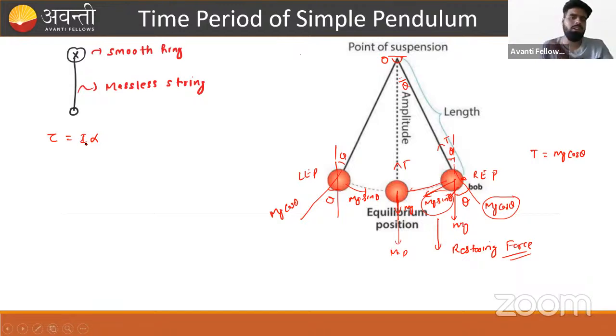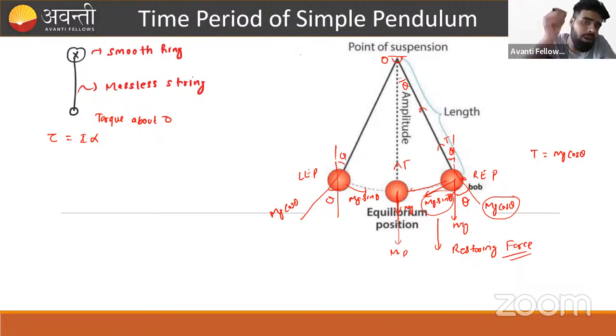So we can say, sir, there are two forces, one is mg and another is tension. Unfortunately, tension is passing through the point of suspension, and we calculate the torque about point O, that is the point of suspension.